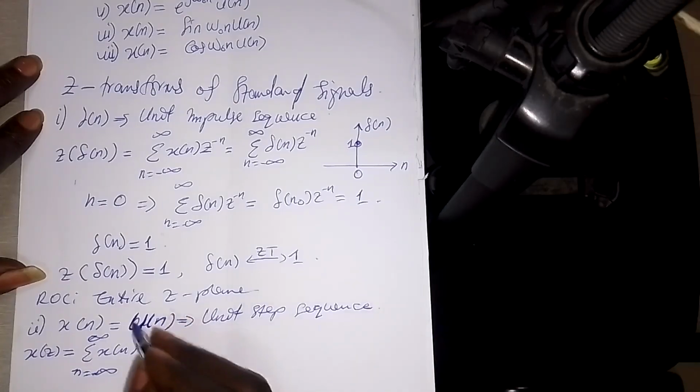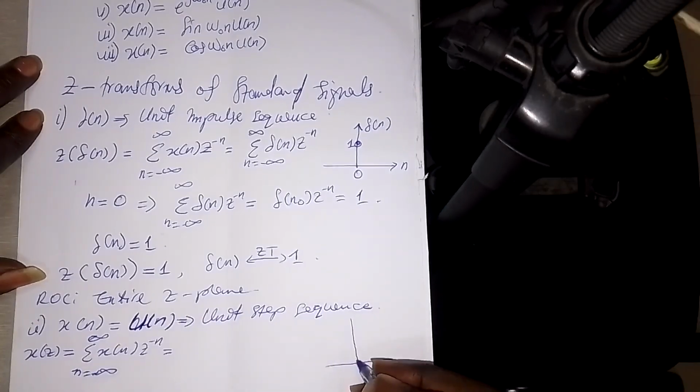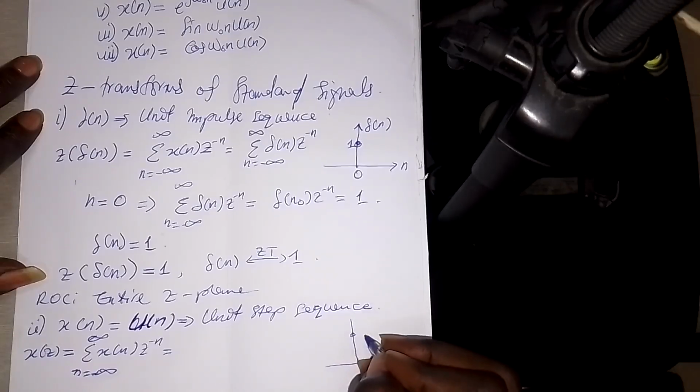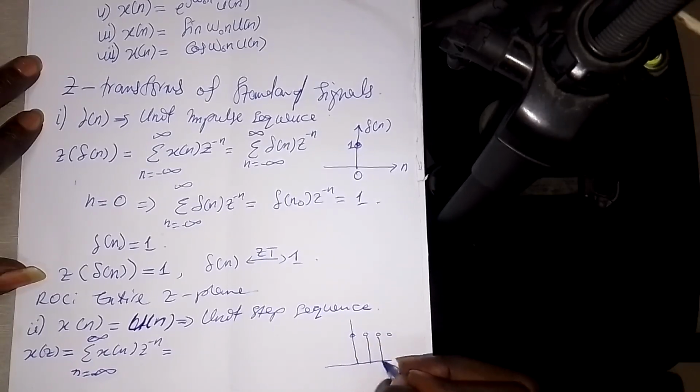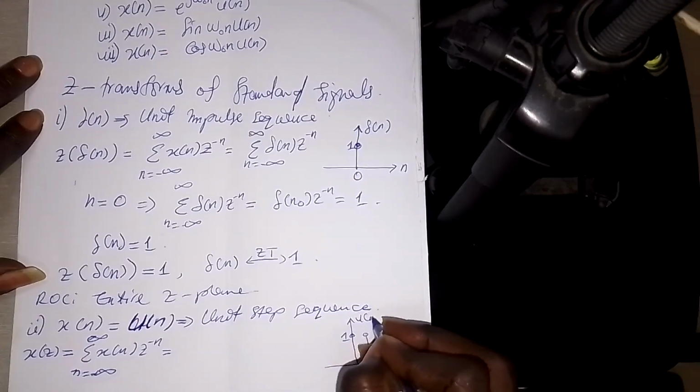So let's plot the unit step sequence here. It looks like this. Here is n, the value is 1, and here is u of n.